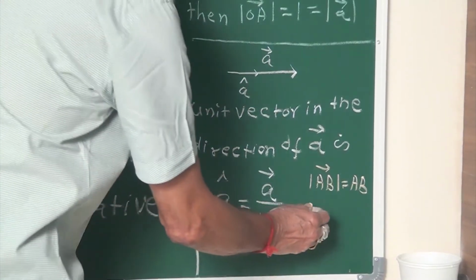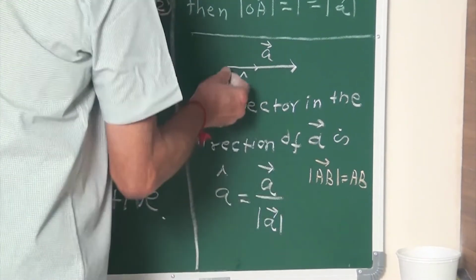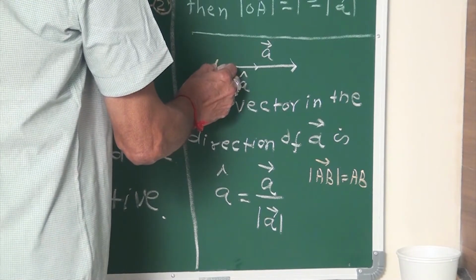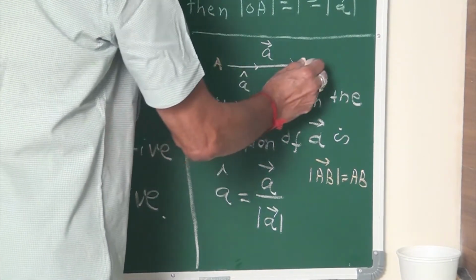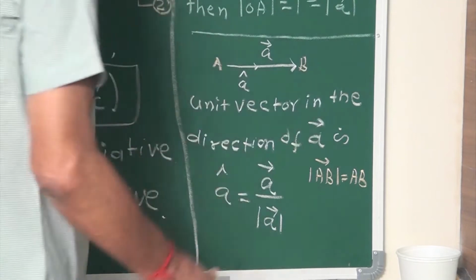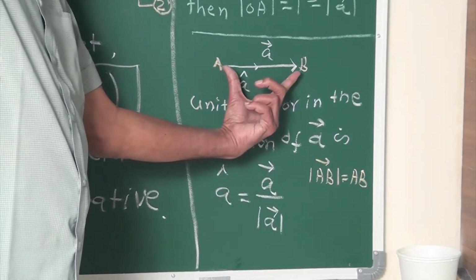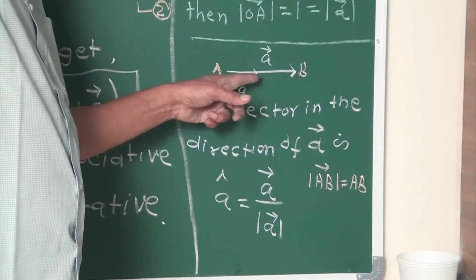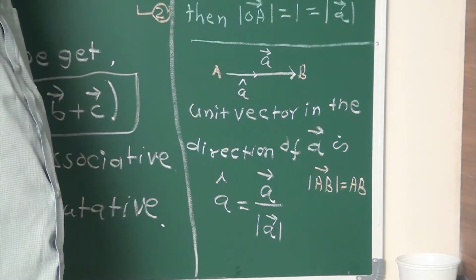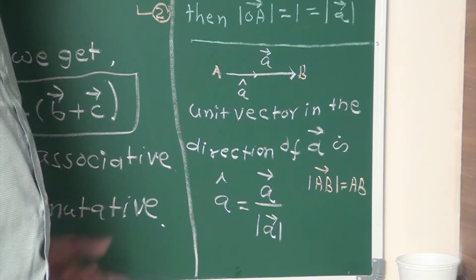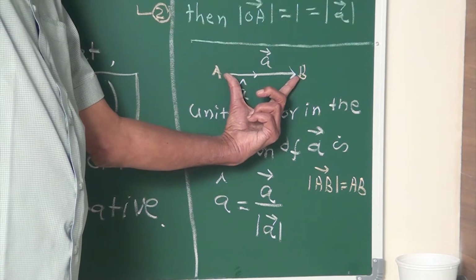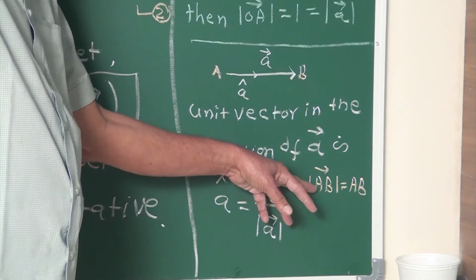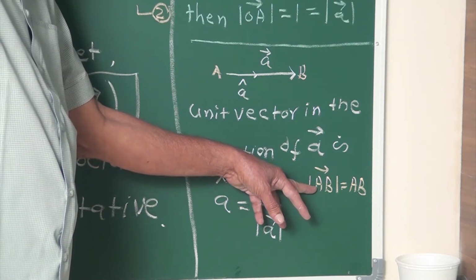This is the vector representation. You can see here itself, it is from A to B. This is a directed line segment. We represent the vector by a directed line segment. The length of the line segment is the magnitude, written as magnitude of the vector AB.